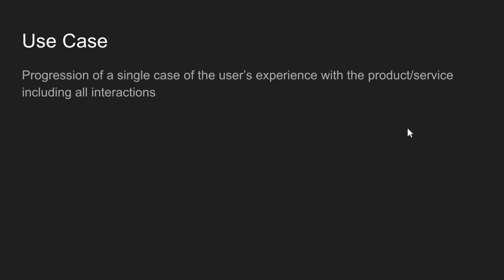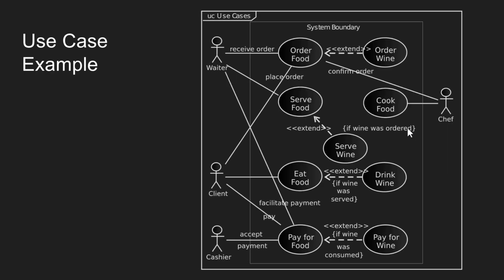So now I want to talk a little bit about use case. A use case is a progression of a single case of a user's experience with a product or service, including all interactions. Here's an example that uses a restaurant, and it shows what each of the different people who interact with the restaurant are doing.